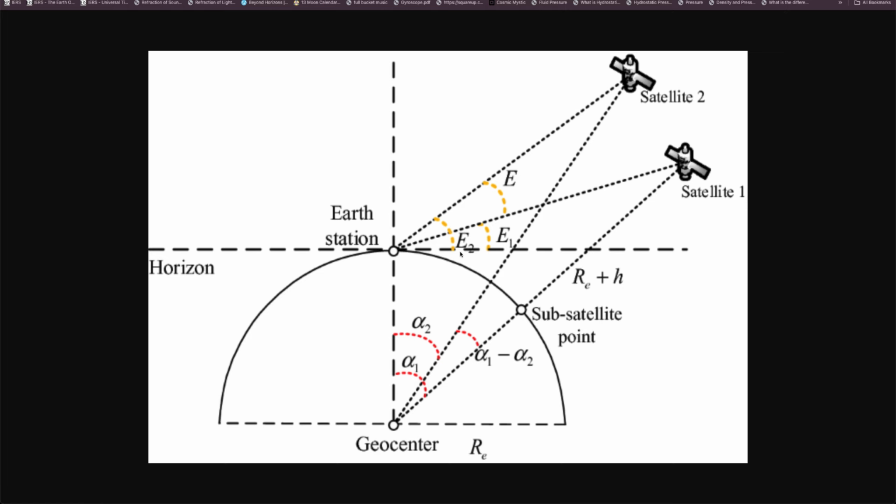So how is it going to find, right, with using this tangent here, how is it going to find this point? It can't, because if it has to use this tangent here, then the subpoint of the satellite has to be directly below it, because that's how an elevation angle works, right? The subpoint, just like the GP point of a celestial body in celestial navigation, is always directly below. The subpoint is always directly below the satellite.